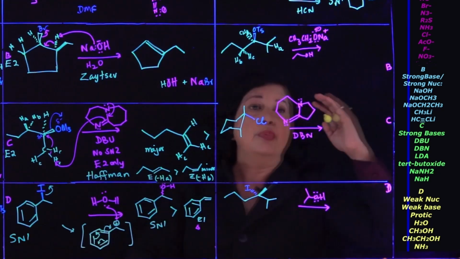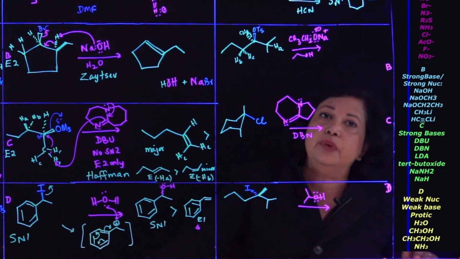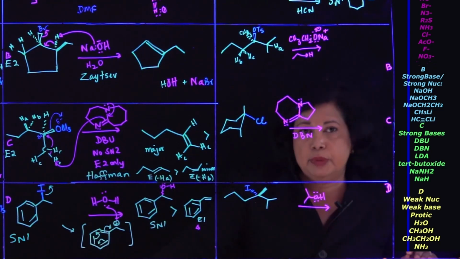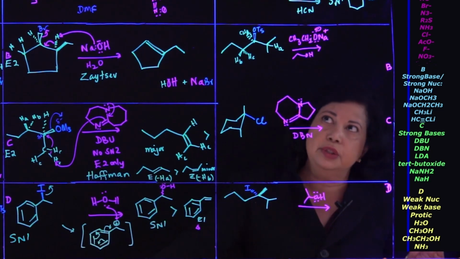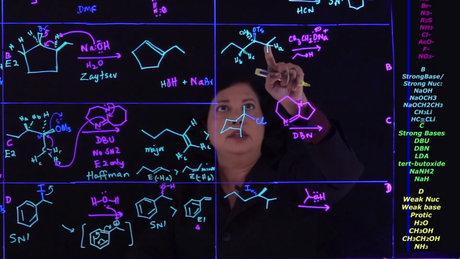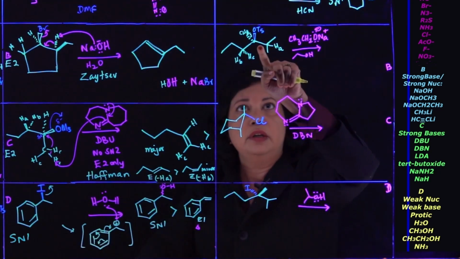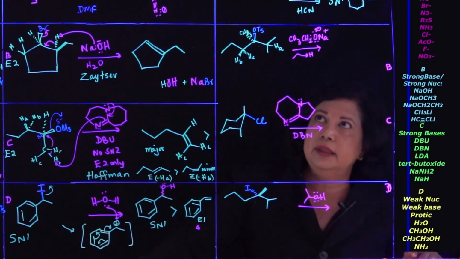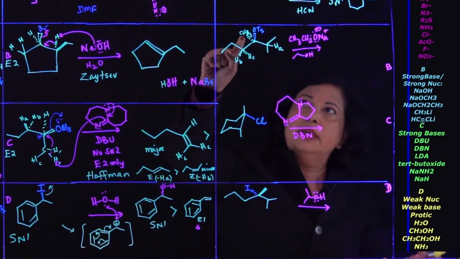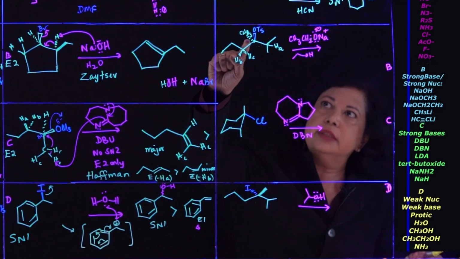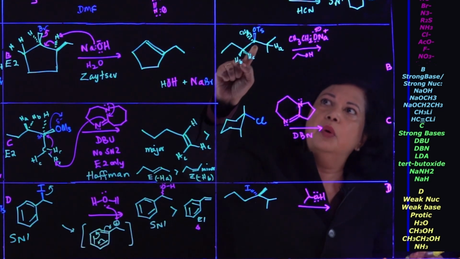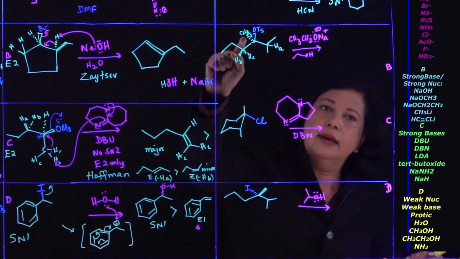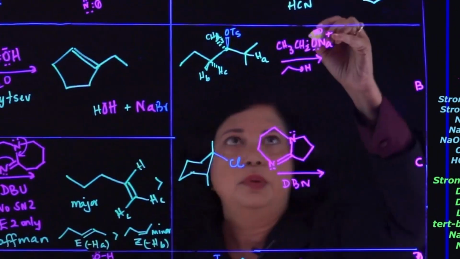So the more branching you have, the better it is for E2. The less branching you have, the better it is for SN2. This carbon is branched. If you form a pi bond here, you'll be tetrasubstituted. Can't get better than that. And if you form a pi bond here, you'll be disubstituted. So it's going to go tetra more than tri more than di. Okay, so let's pull this off.